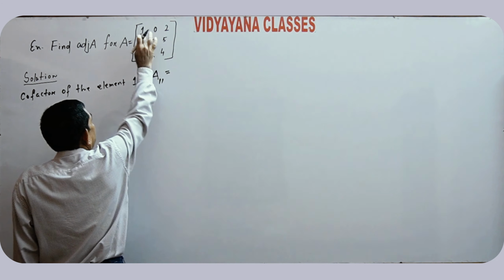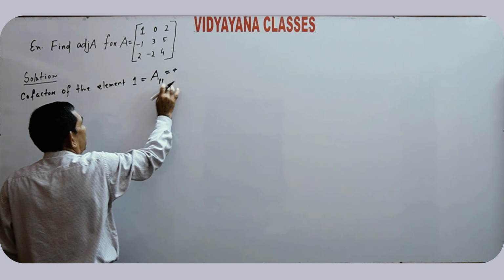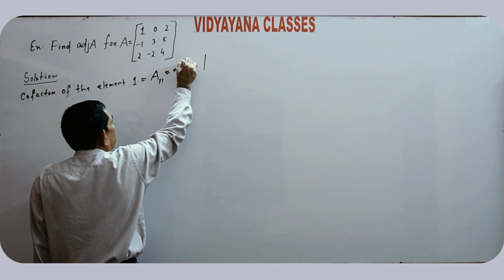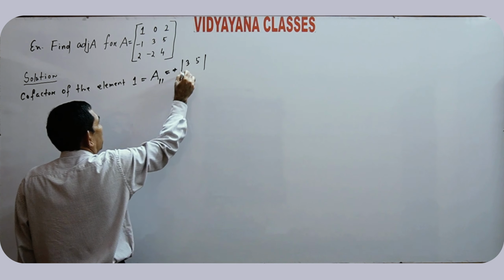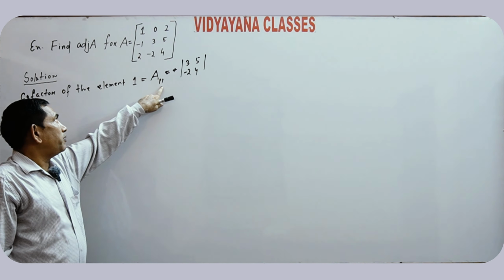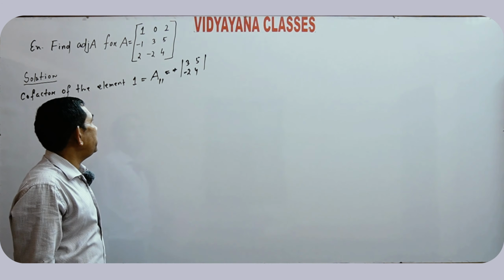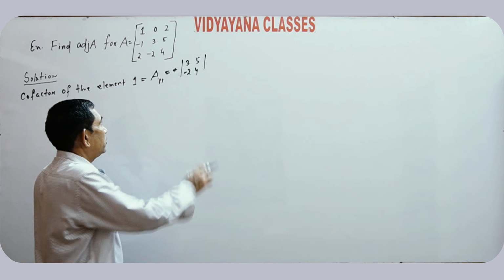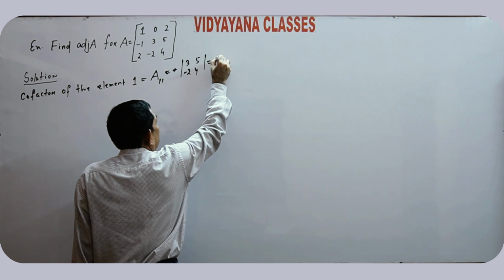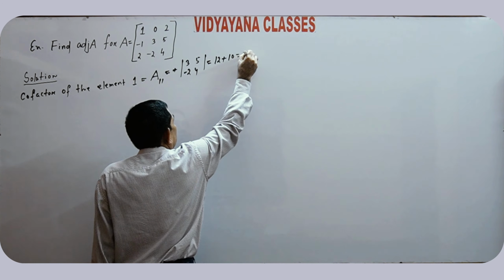The sign of 1 is positive. Deleting the first row and first column, the determinant obtained has elements 3, 5, minus 2, 4. This gives 12 plus 10, which is equal to 22.